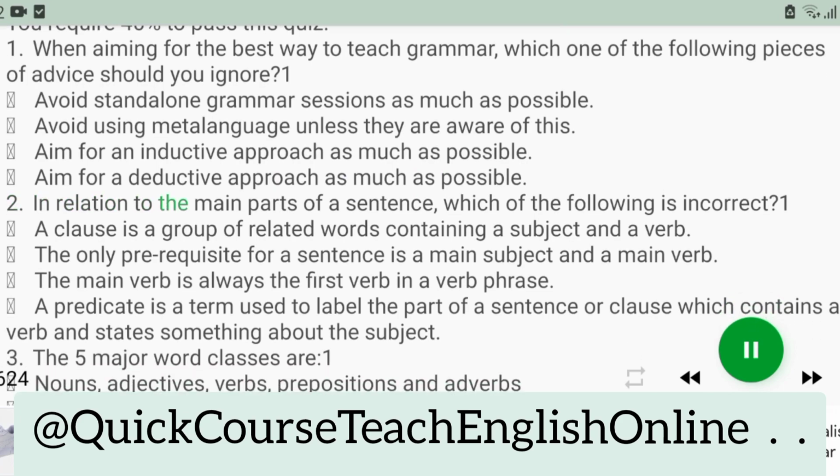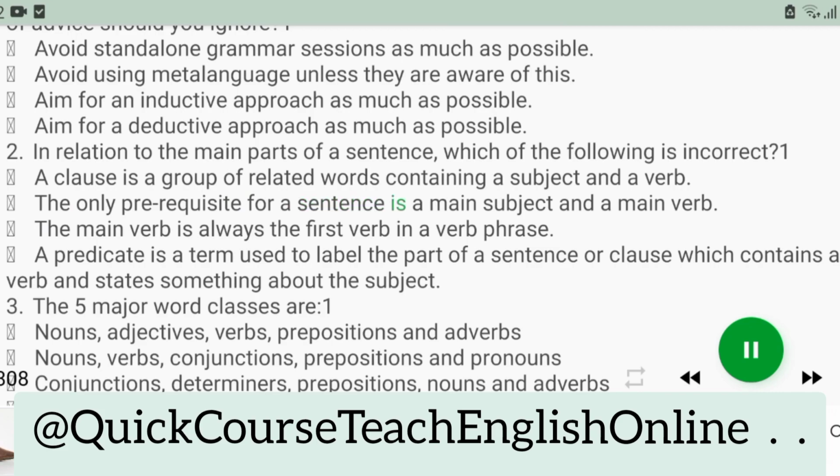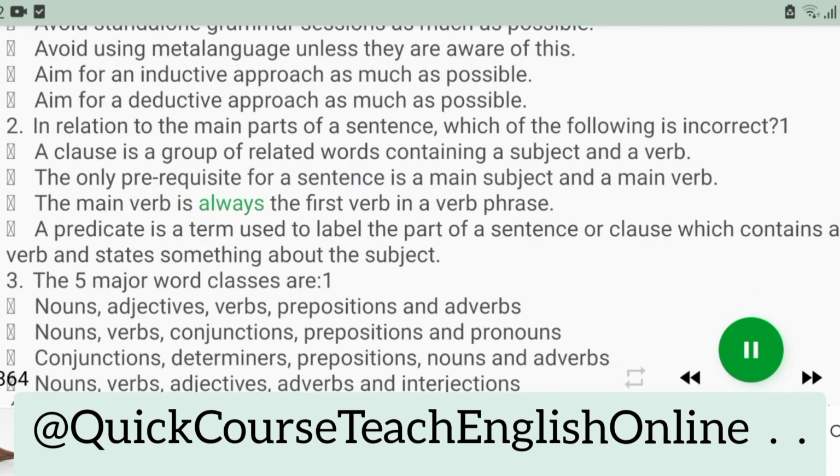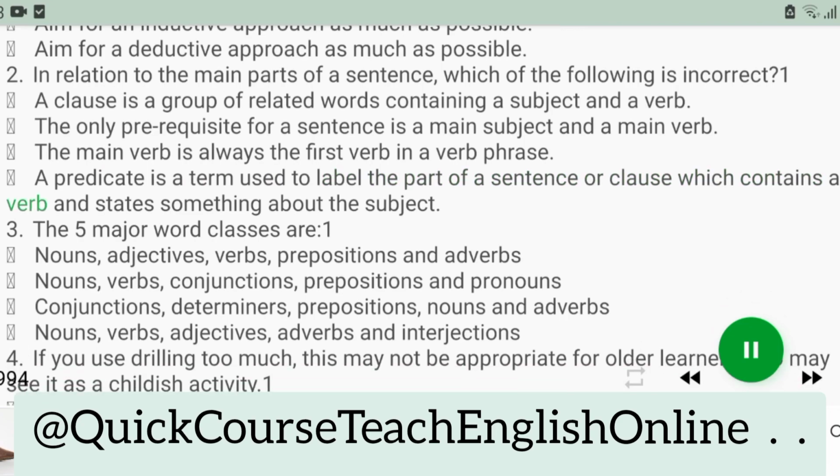In relation to the main parts of a sentence, which of the following is incorrect? 1. A clause is a group of related words containing a subject and a verb. 2. The only prerequisite for a sentence is a main subject and a main verb. 3. The main verb is always the first verb in a verb phrase. 4. A predicate is a term used to label the part of a sentence or clause which contains a verb and states something about the subject.